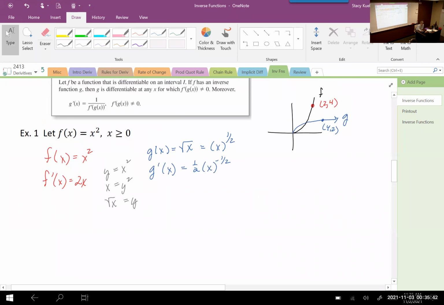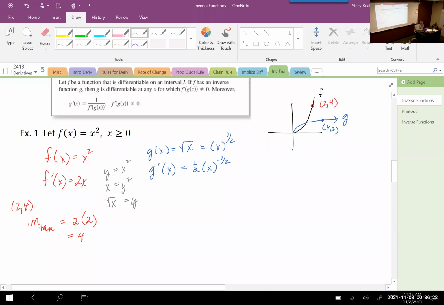The first point, I want to know what is the slope of the tangent line for the function f at 2, 4. So if I'm using the point that falls on the function f, and that point is 2, 4, what is the slope at that point? That just becomes 2 from that derivative times 2, which is the x coordinate, or in other words, 4.